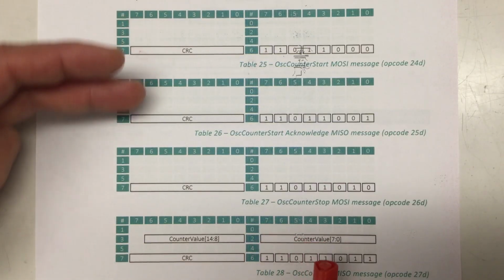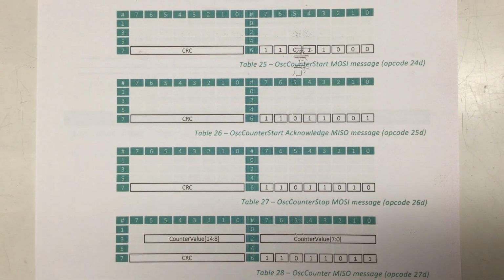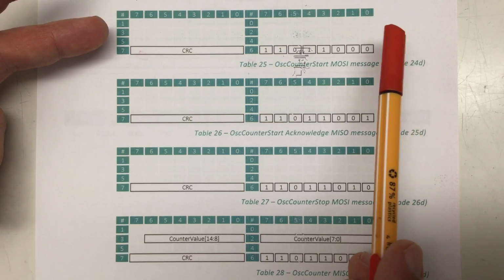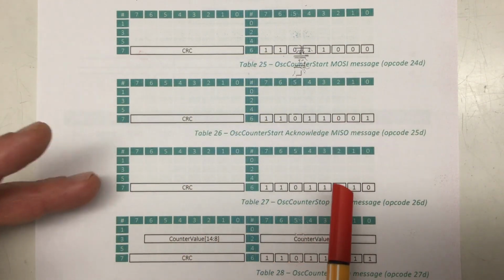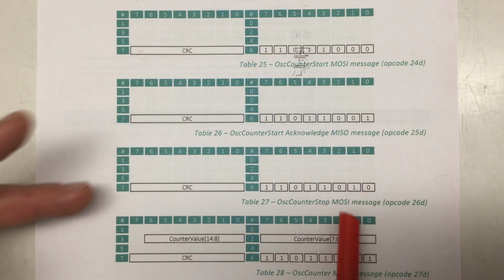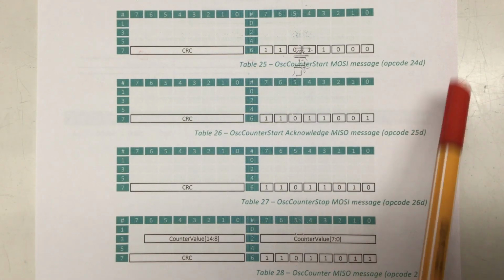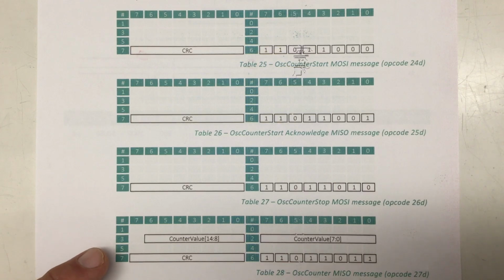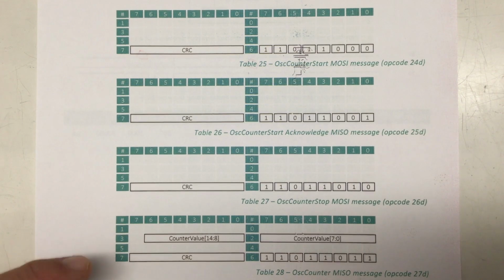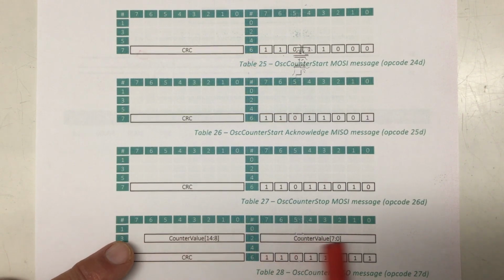And here are the 4 messages. So, oscillator counter start MOSI and oscillator counter start MISO, as well as oscillator counter stop MOSI messages, are all empty messages. The oscillator counter stop MISO message contains here in bytes 2 and 3 a 15-bit counter value.